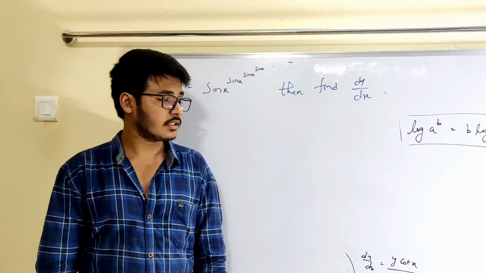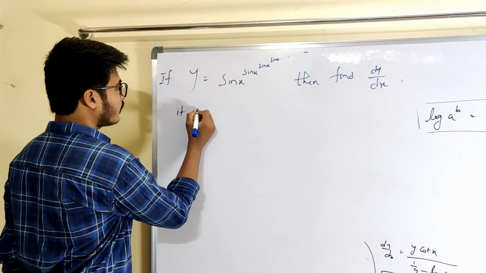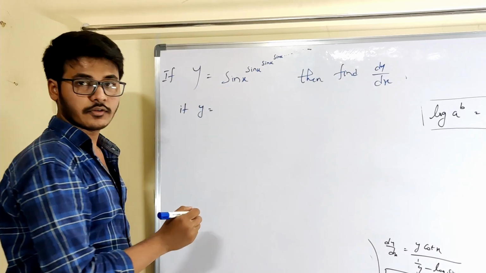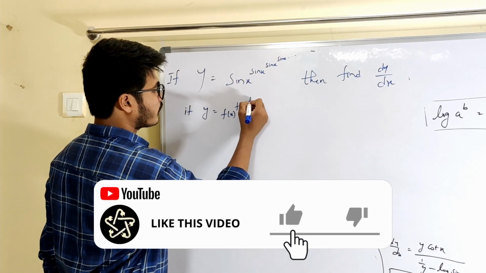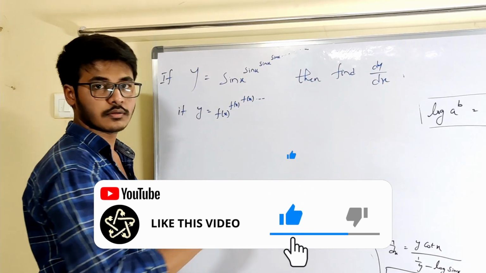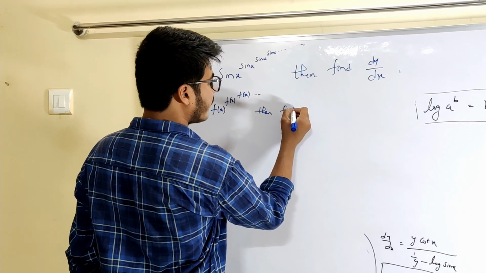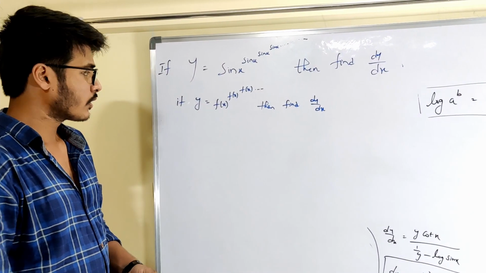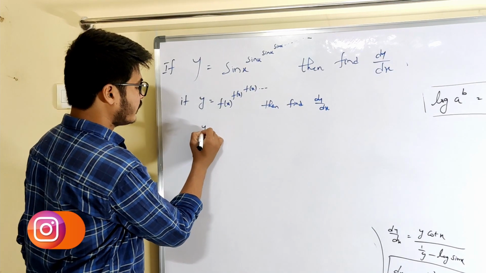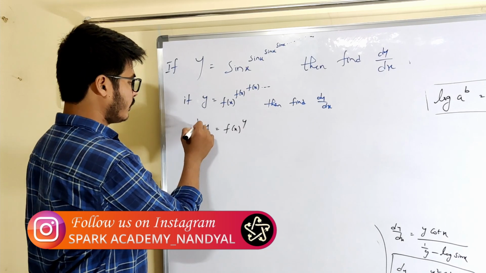Now we will see the shortcut for this type of question. Here if the question given is: if y is equal to f of x whole to the power of f of x whole to the power of f of x and so on, then find dy by dx. Here this can be written as y is equal to (f of x) to the power of y.